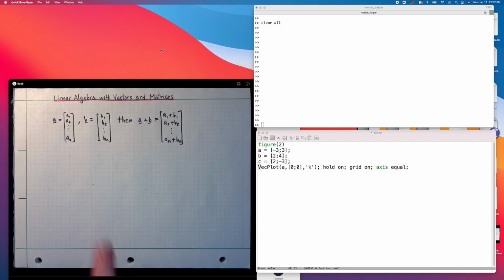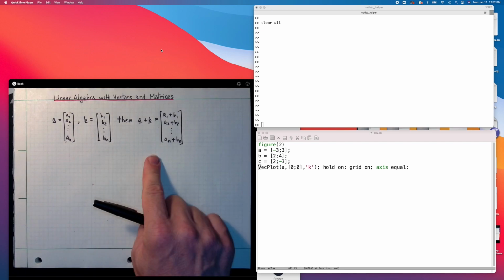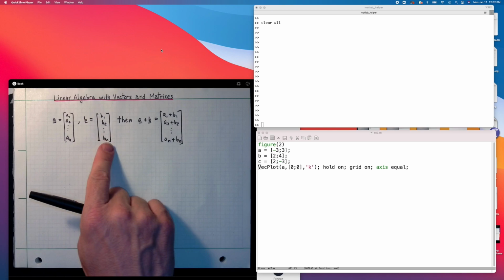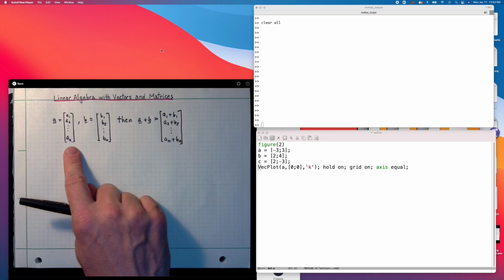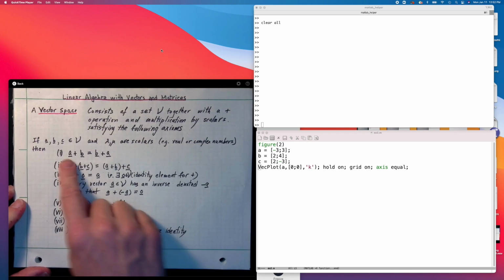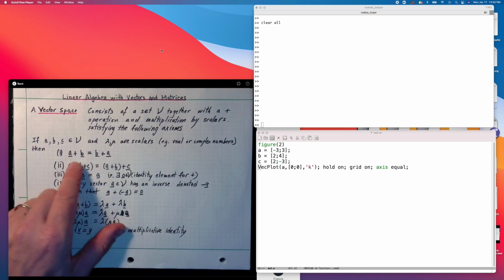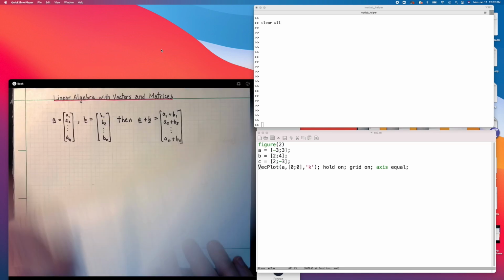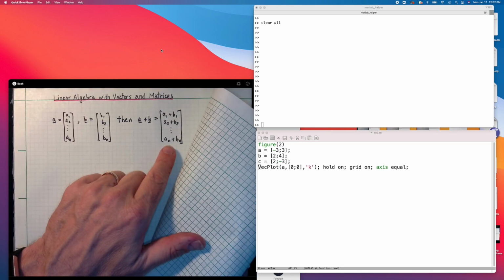We're going to show that this addition rule for these vectors, which happen to be ordered sets of numbers, satisfies the commutativity property of addition. And we're going to demonstrate it not just by adding, which is obvious and kind of boring.